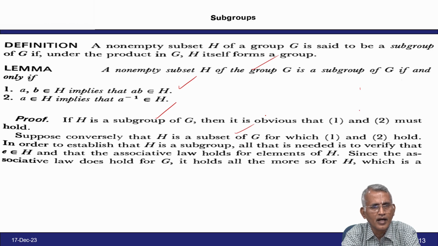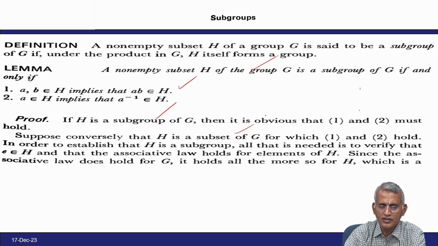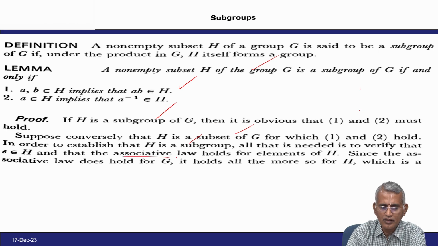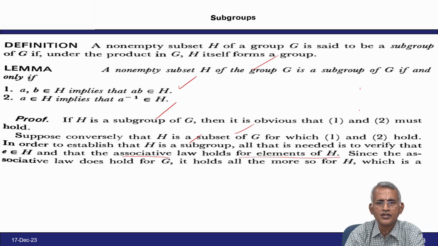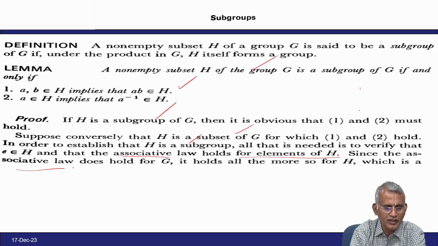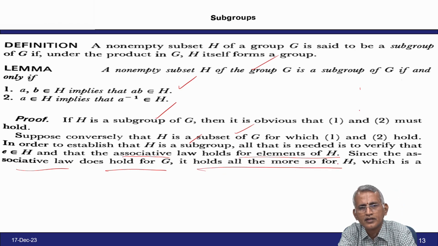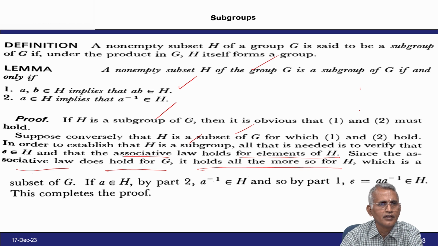In order to establish that H is a subgroup, all that is needed is to verify that E is in H and that the associative law holds for the elements of H. Since the associative law holds for G, therefore it holds for all elements of H, which is a subset of G.